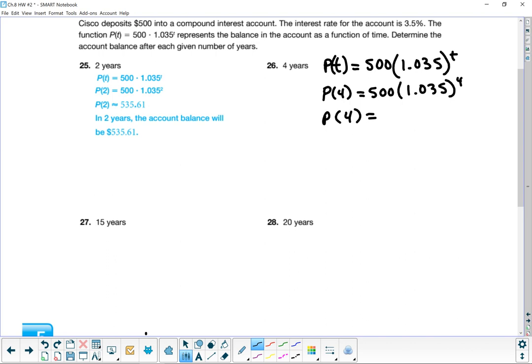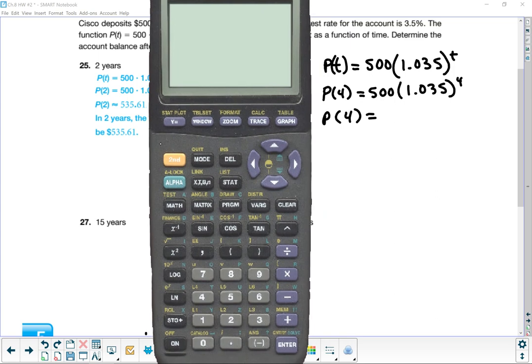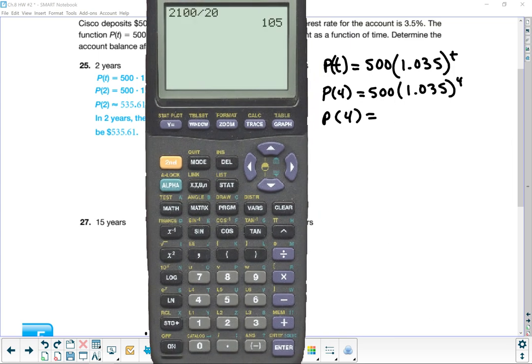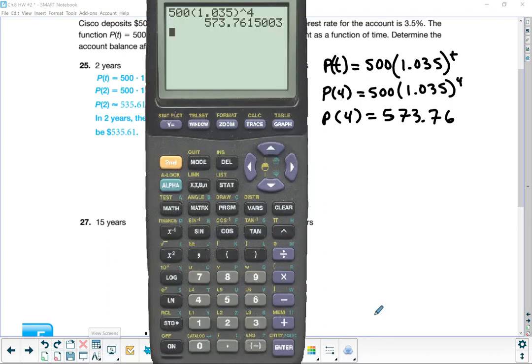You need a calculator, because you cannot do this without one. You type it in exactly the way it looks: 500 parentheses 1.035 close parentheses to the power of 4. That's $573.76. Double checking it. Yep.